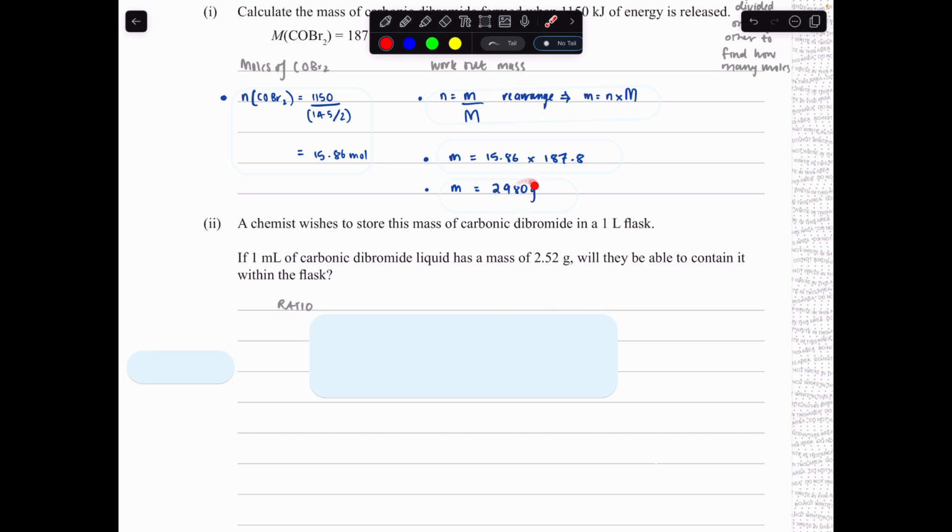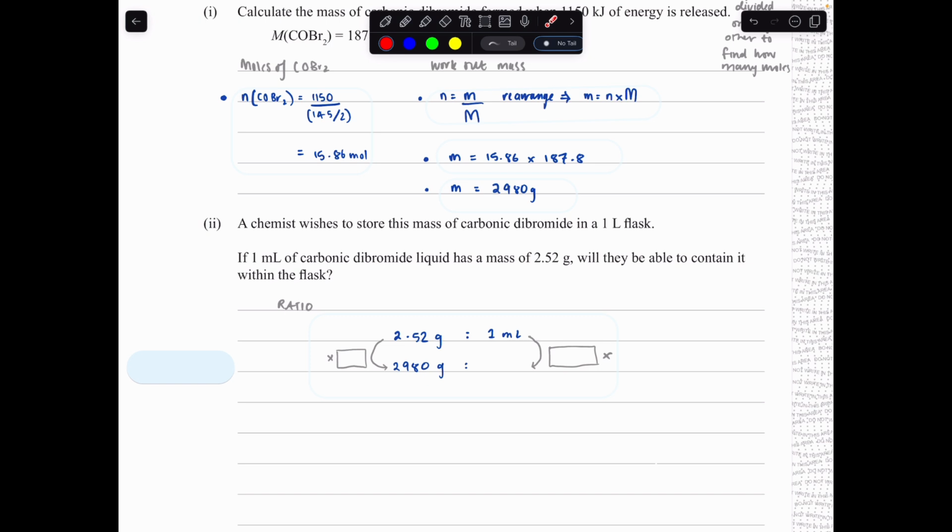So this is when we use ratios again. We know that 2.52 grams is equivalent to 1 ml. How many mls is 2,980 grams equivalent to, and is that going to fit in a 1 litre flask?